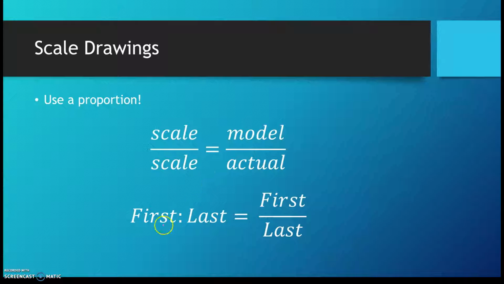And then sometimes you're given your scale as a ratio, so first to last, and then first over last. I know right now probably doesn't make much sense. Just make sure that these are both in your formula box, and I'll explain it. It'll make more sense once we do the first example.